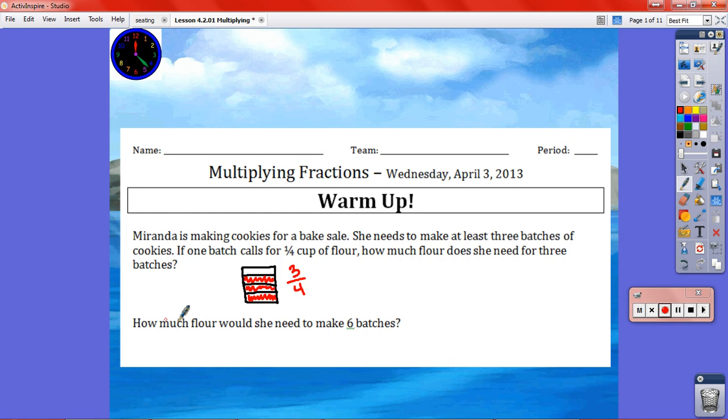It gets a little more complicated when you get to how much flour would she need to make 6 batches, because then you're going to fill up your whole measuring cup and need to use another measuring cup or empty this one into your bowl and then use it again. So you need 6. So 1/4 times 6 would be 1, 2, 3, 4.